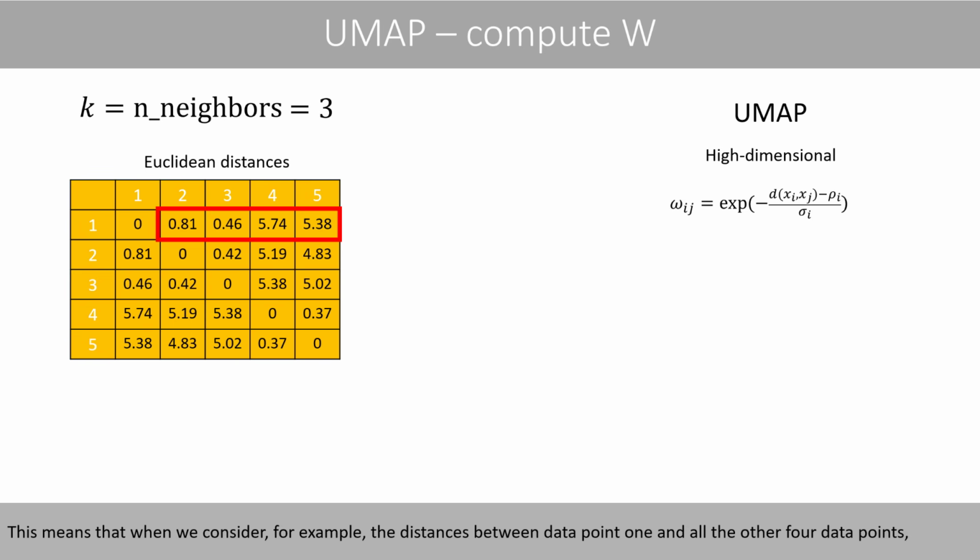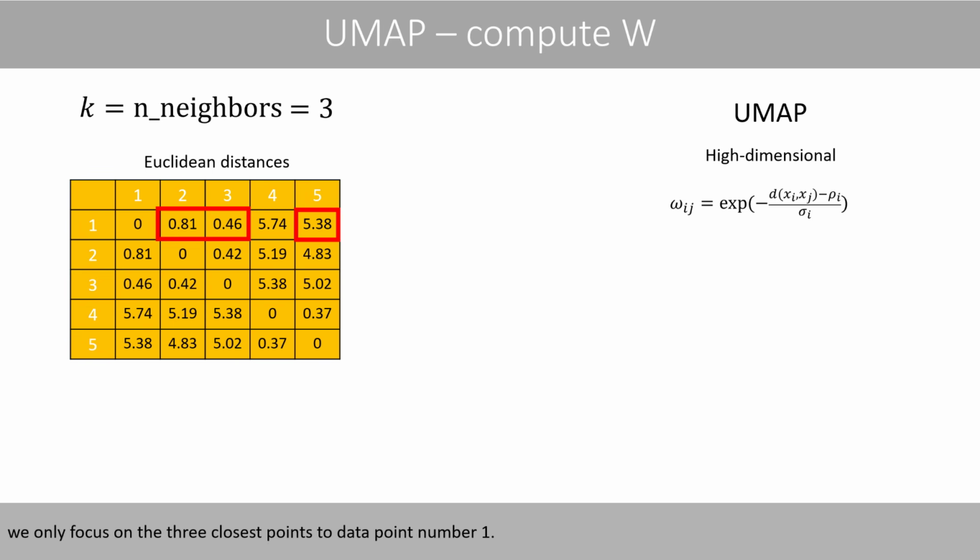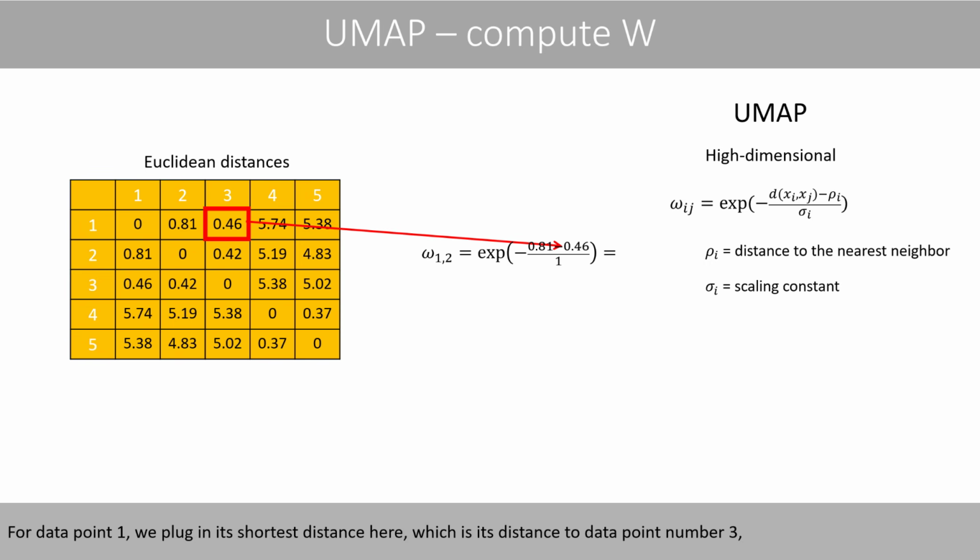This means that when we consider, for example, the distances between data point 1 and all the other 4 data points, we only focus on the 3 closest points to data point number 1. For example, these are the 3 closest neighbors to data point number 2, and these are the 3 closest neighbors to data point number 3, and so forth. For data point 1, we plug in its shortest distance here, which is its distance to data point number 3.